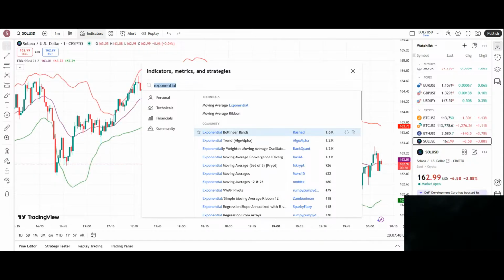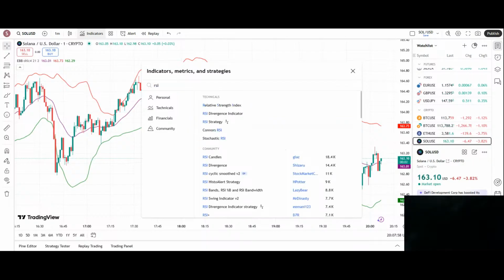exponential Bollinger Bands. This gives more weight to more recent candles and tapers off the further back in time you go. I also like the relative strength index.